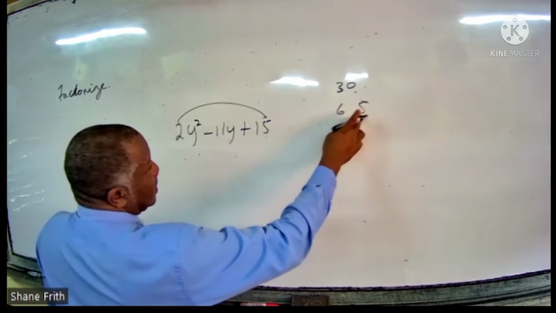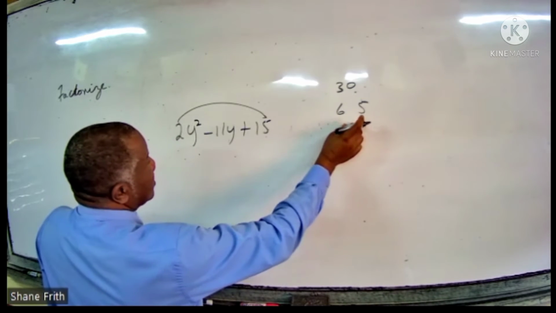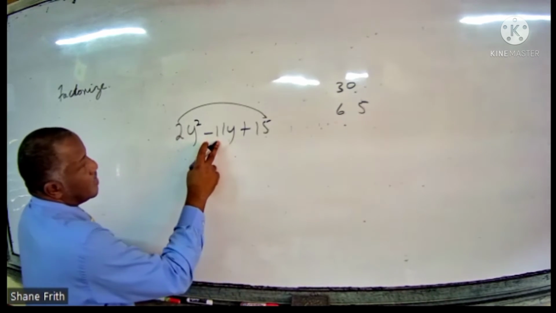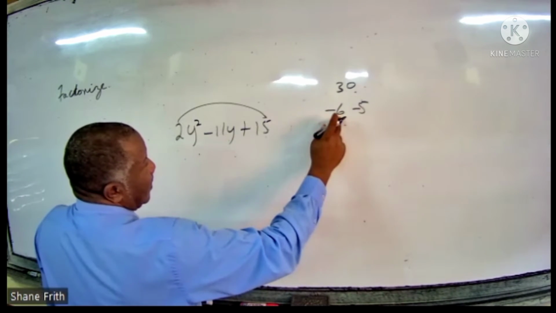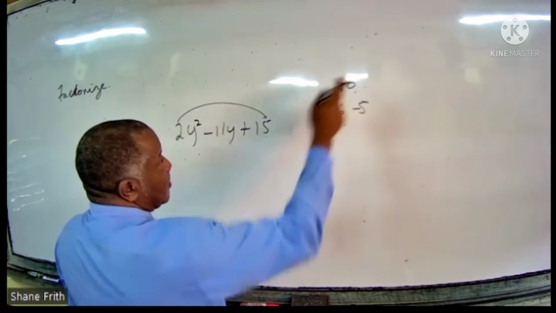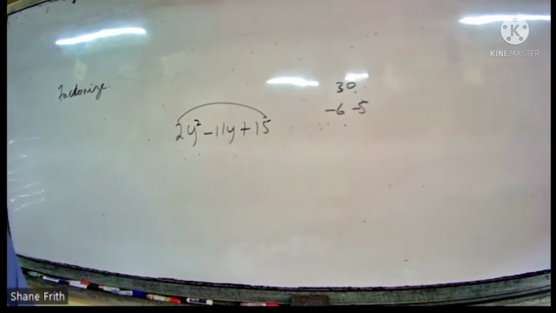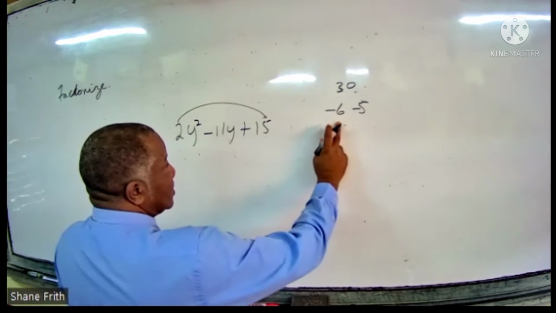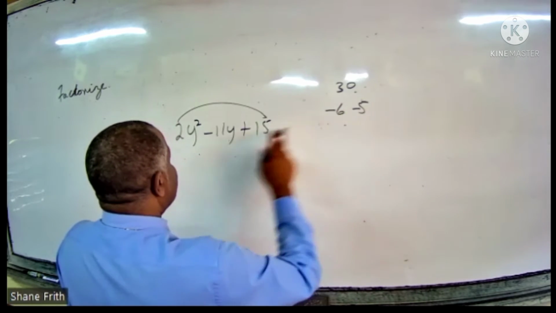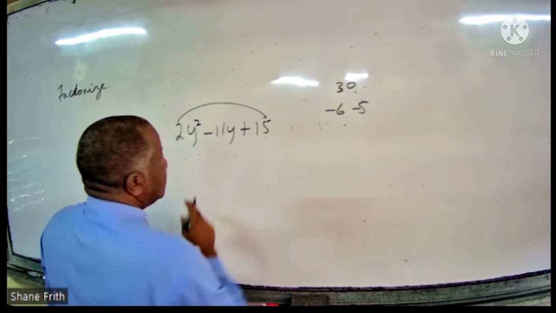But when I add them, I get a positive 11, and I need a minus 11. So I could just say minus that and minus that. Minus 6 and minus 5 is still giving back a positive 30. Good. And when I add minus 6 plus minus 5, it gives me negative 11.